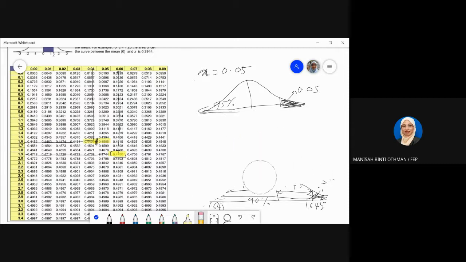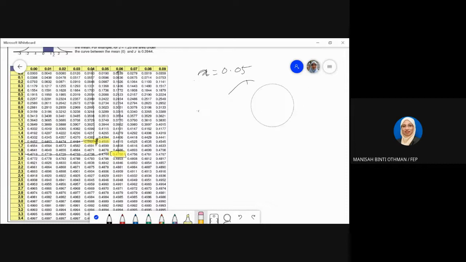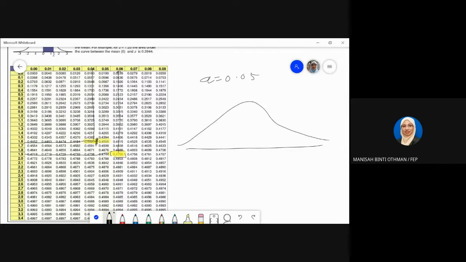Two tail, one tail. Okay, so alpha 0.05 and it's one tail. Let's say upper tail first. 0.05, one tail, only one side.